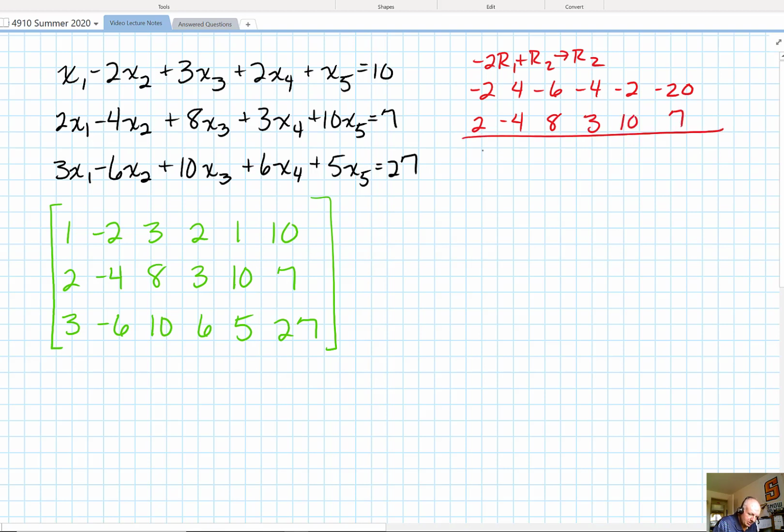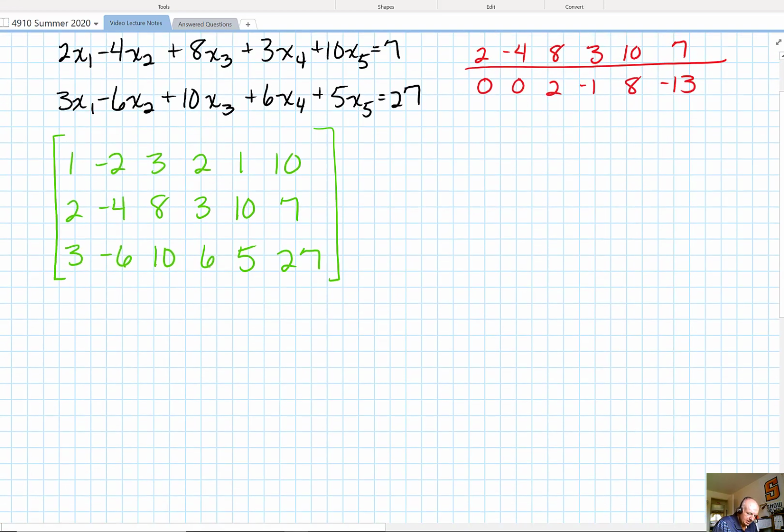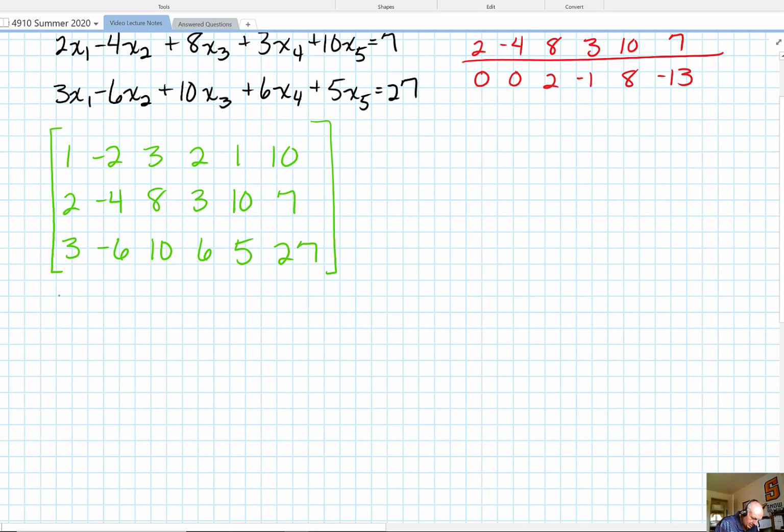And so when we add those, our new row 2 is going to look like this. And so we can put that in right here. Try to get a little more compact here.